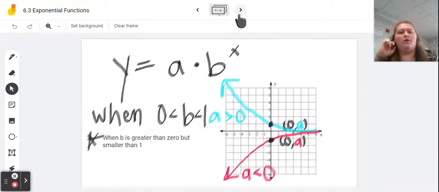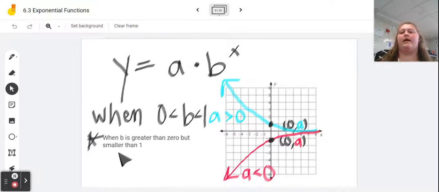All right, so we're going to continue on with exponential functions. If you remember, before we did a times b to the x. Last time, all of our b values were greater than 1, so 2, 3, 4, 5, 6, 7, and so on.